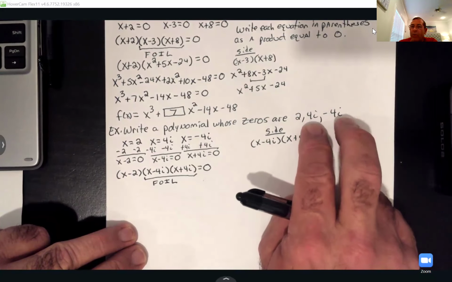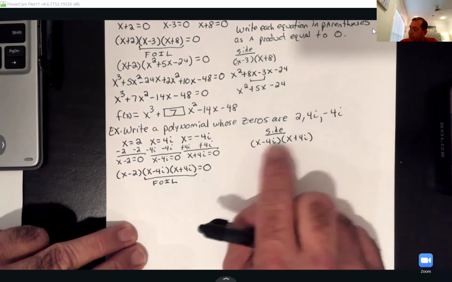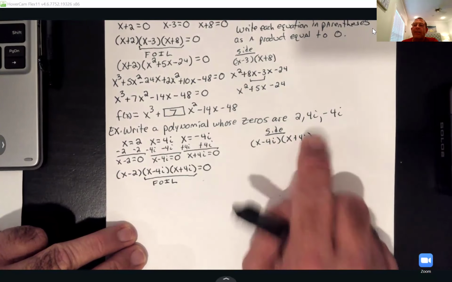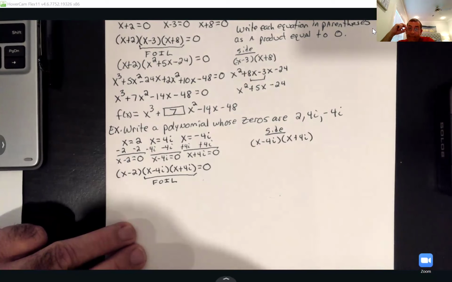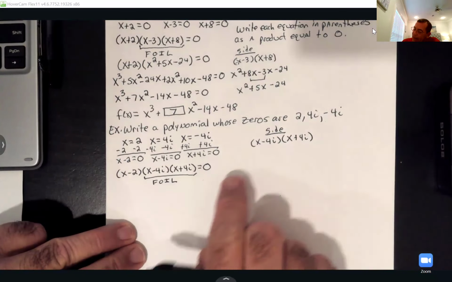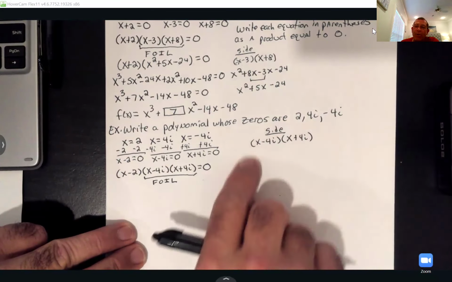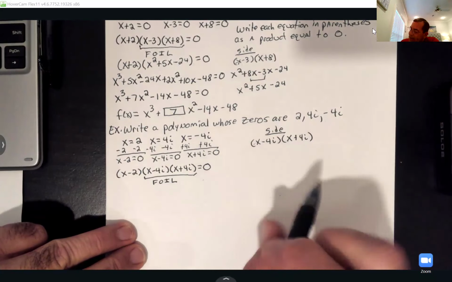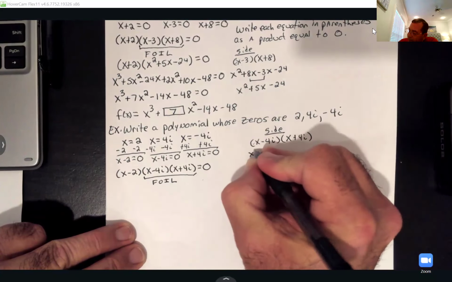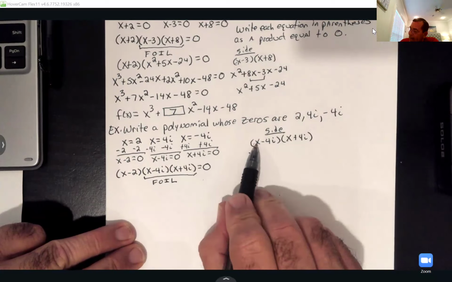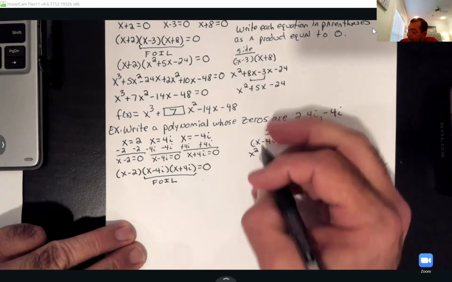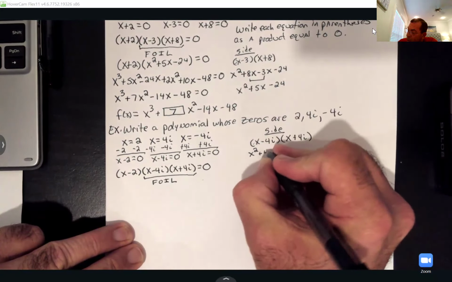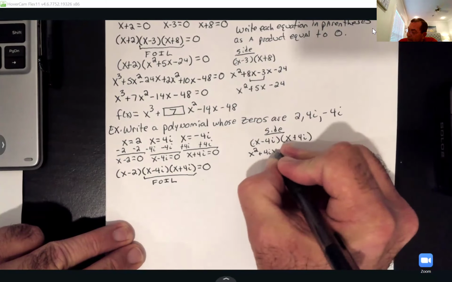Imaginary zeros always come in conjugate pairs, which means it'll be a negative and a positive of that i, okay? Now watch what happens on this one as I work through it. x times x is x squared. x times 4i is a positive 4ix.